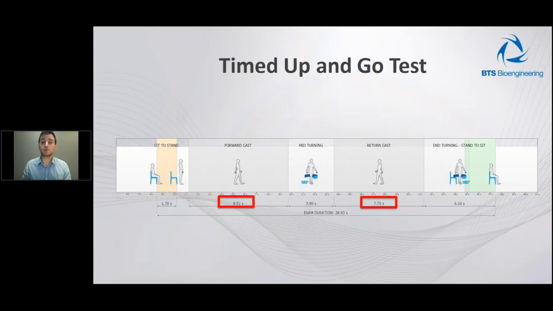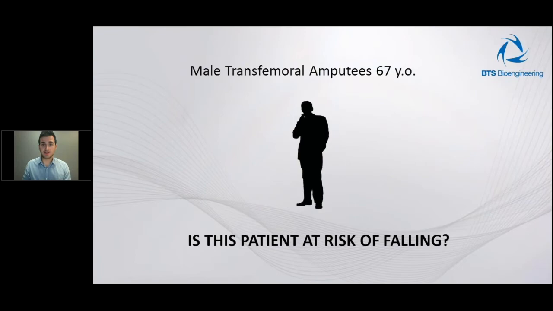Now let's go to the second example. This patient is a man of 67 years old with transfemoral amputation. To determine if this patient is at risk of fall, we performed a Timed Up and Go test.